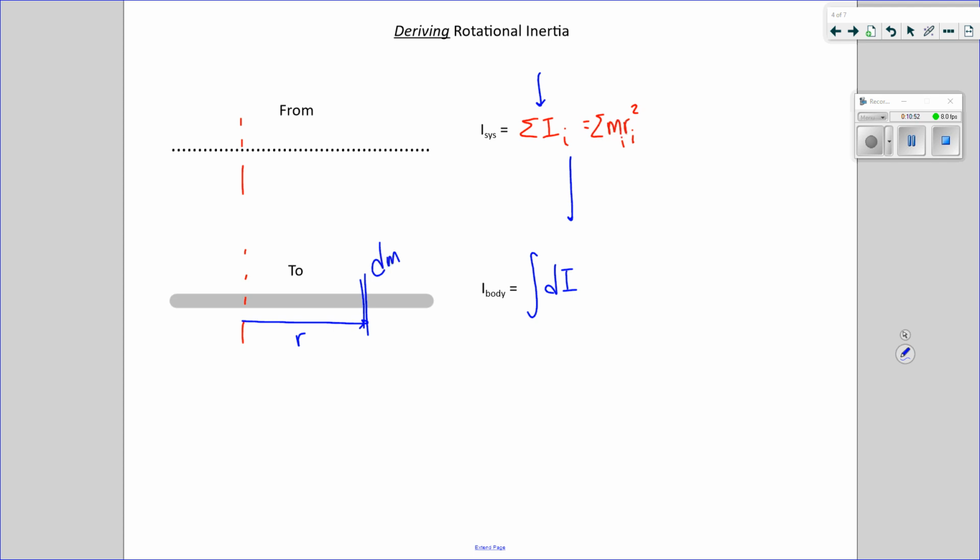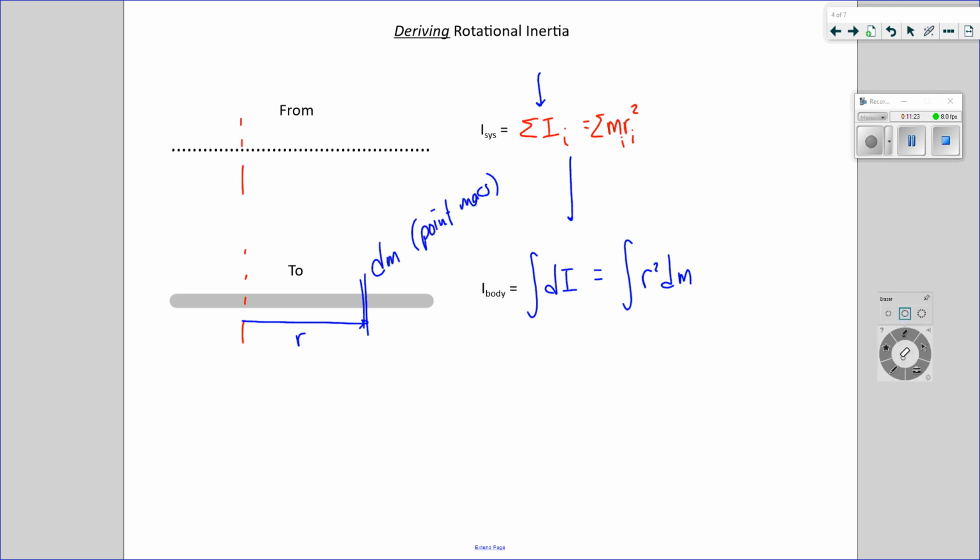In this case, this thing happens to be made of point masses. The point mass's rotational inertia, instead of writing it as dm r squared, we usually write as r squared times dm. Same thing, we're taking that product. The reason we write it this way is because we're going to integrate with respect to m.